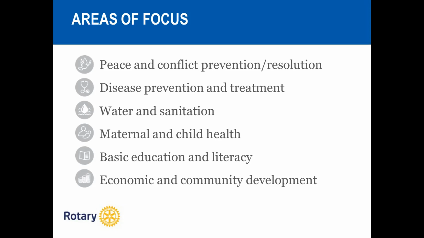Peace and conflict prevention and resolution, disease prevention and treatment, water and sanitation, maternal and child health, basic education and literacy, and economic and community development. When Foundation trustee Brenda Cressy was here, she told us that she's part of a working group to reevaluate these. So stay tuned, things may be changing.